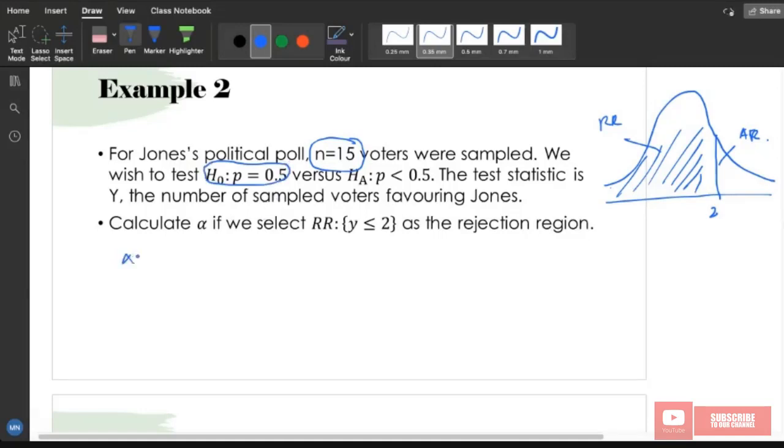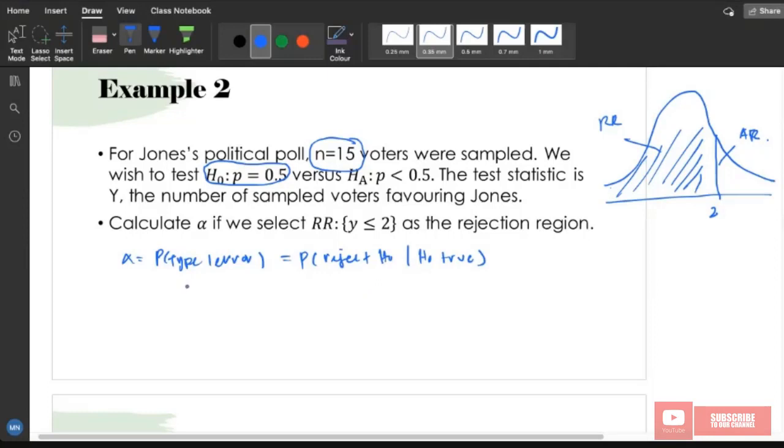So if you want to find alpha, which is the probability of type 1 error, this is also equal to the probability of rejecting the null hypothesis when the null hypothesis is true, right?